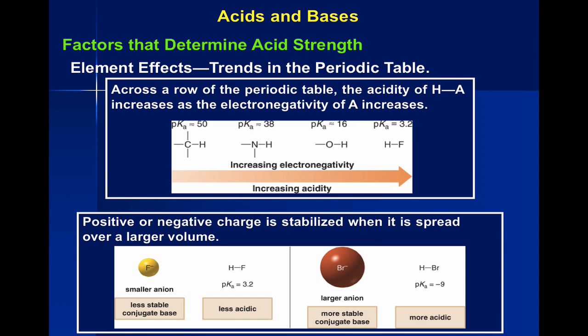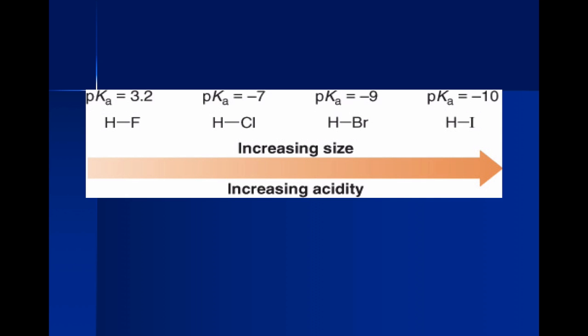Okay. So we know that HF is a stronger acid than water, but HF is a weaker acid than HCl. Do you need to know the exact pKa values to do that kind of analysis? Absolutely not. So we've got the element effect, and we can see those pKa values here in this slide. HF has a pKa of 3.2.